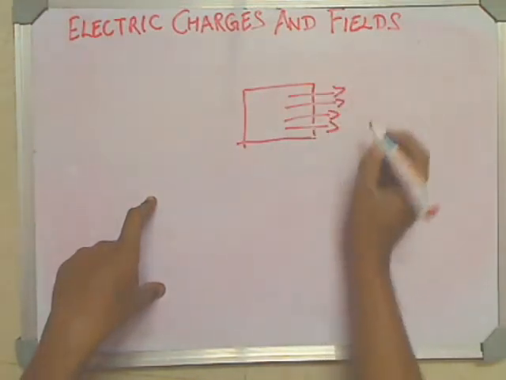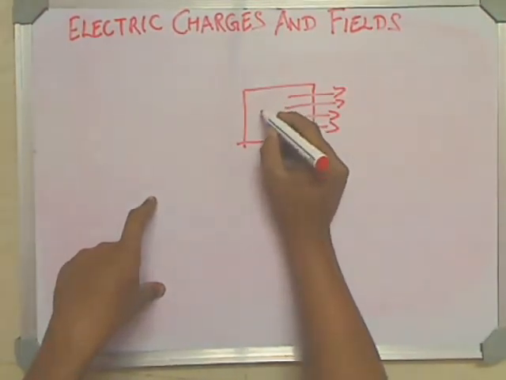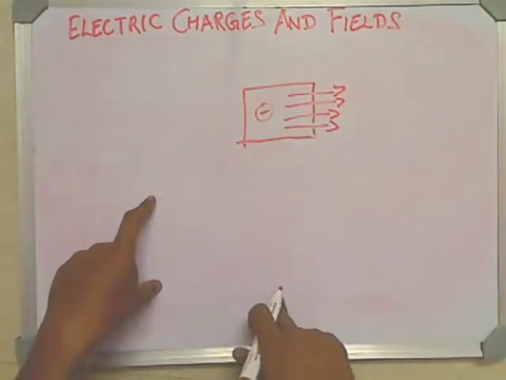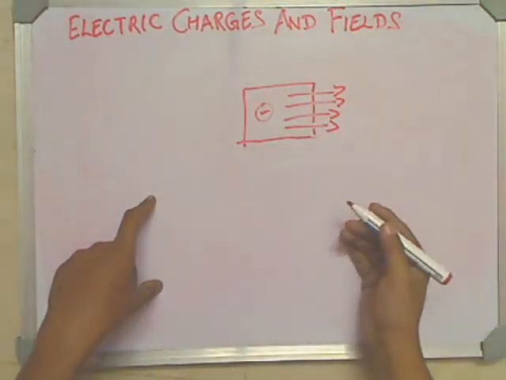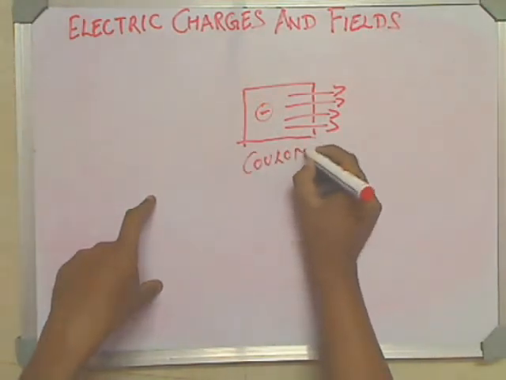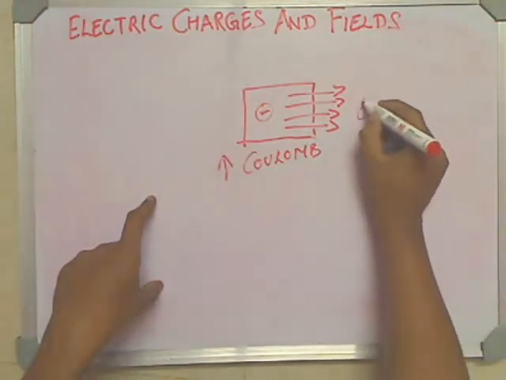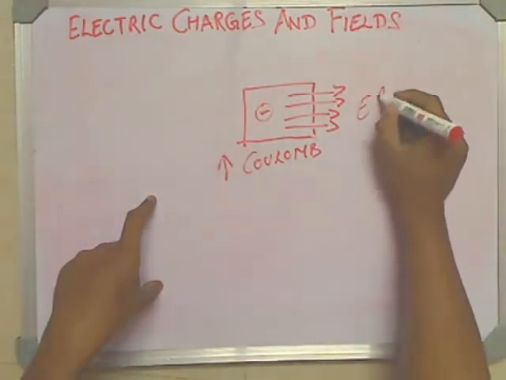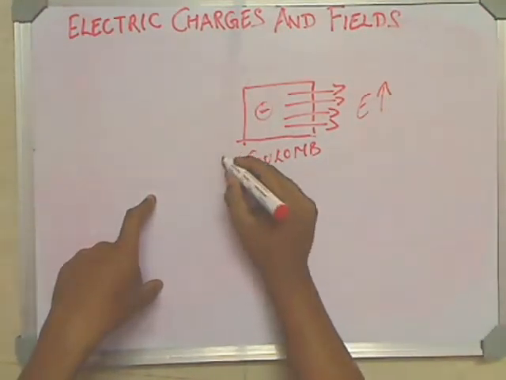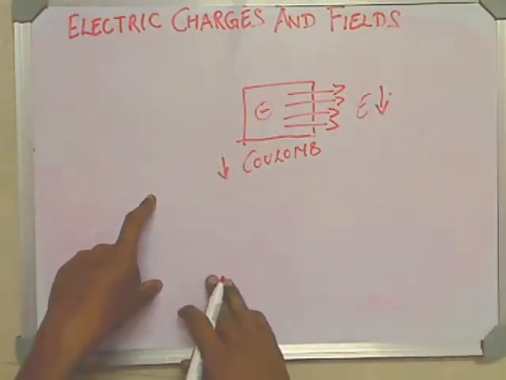The strength of an electric field depends on the strength of the charge here. Let's say I will consider an electron here. If the electron has a high charge, which is measured in coulombs, the electric field happens to be stronger.